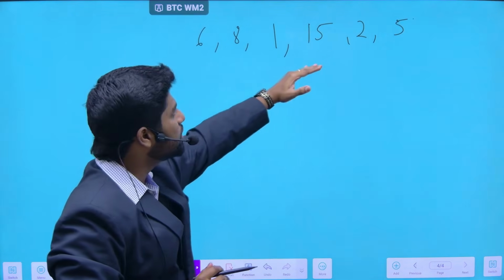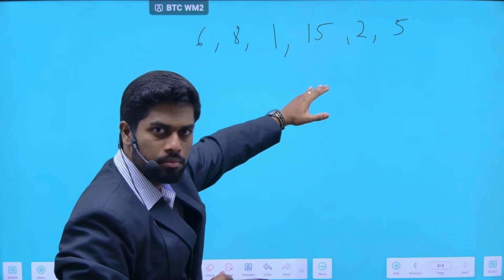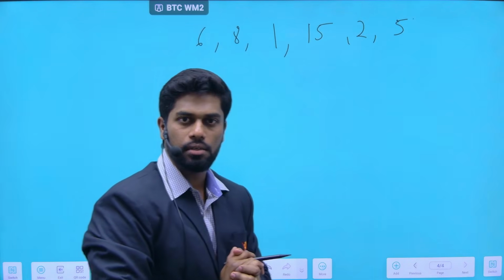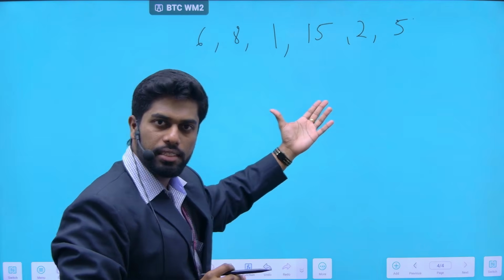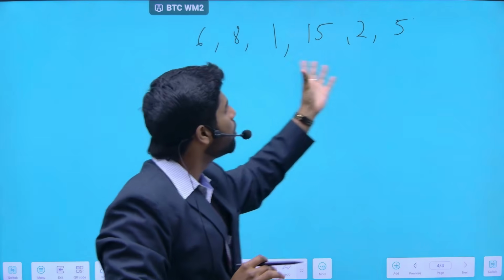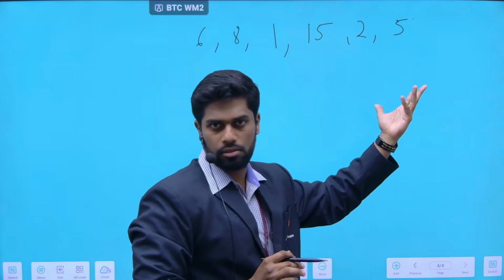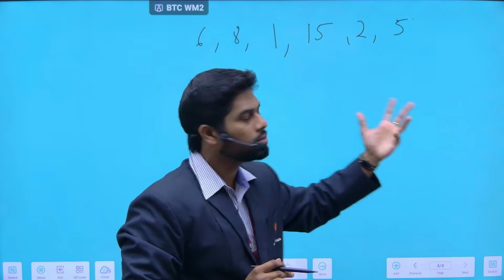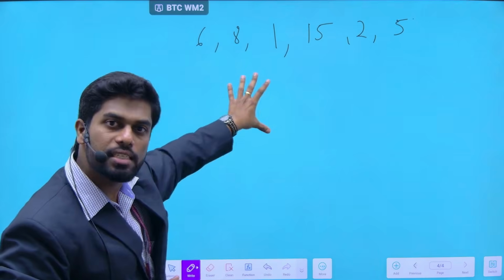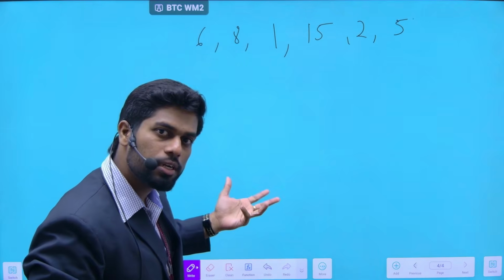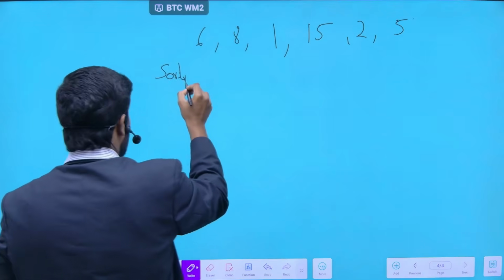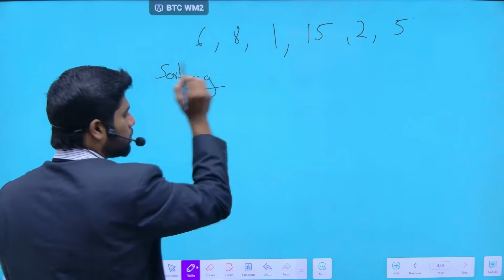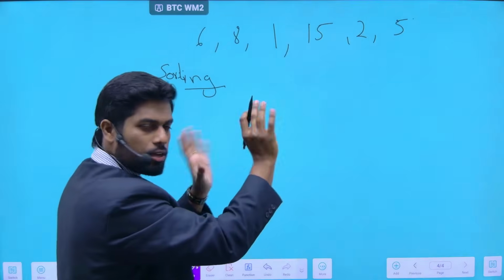Now this is my data. In which order is it organized? No order, nothing is there. So we are going to organize the data now. How? Sorting. Sorting is nothing but either ascending or descending.